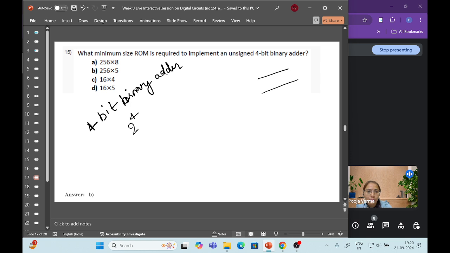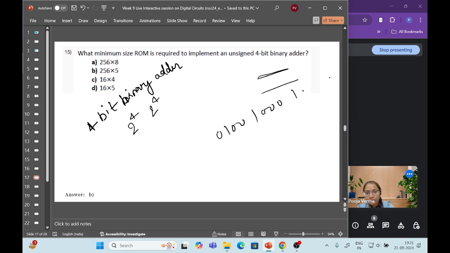There are two numbers that we need to add, and each of these is 4 bits, like 0100, 1000. So what minimum size of ROM is required to implement? The size will be 2 to the power 4 for one, and for the other number there is also 2 to the power 4, right?